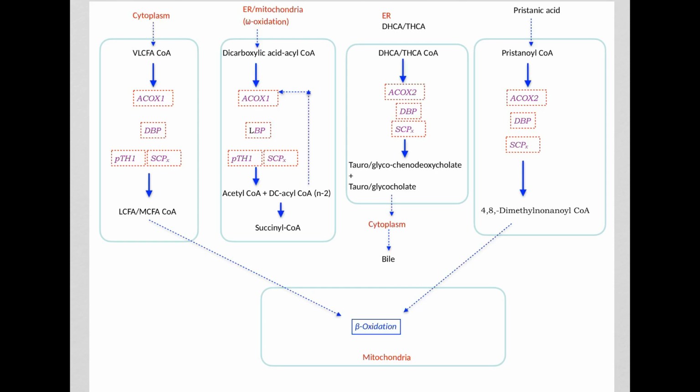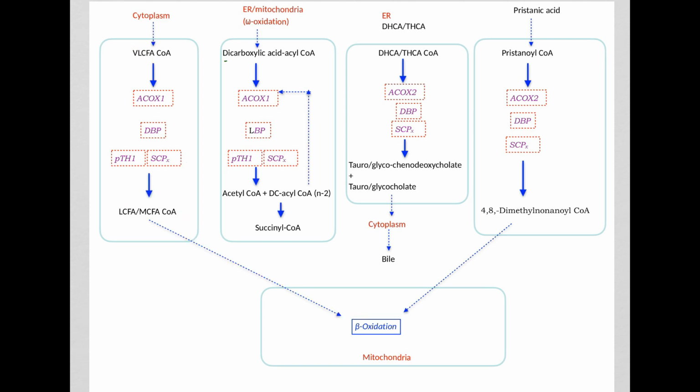Just to summarize, the very long chain fatty acyl-CoA will go through beta-oxidation in the peroxisomes, eventually being converted into either long chain or medium chain fatty acid, and this is then transported to the mitochondria, where it undergoes further beta-oxidation to break down the fatty acid.